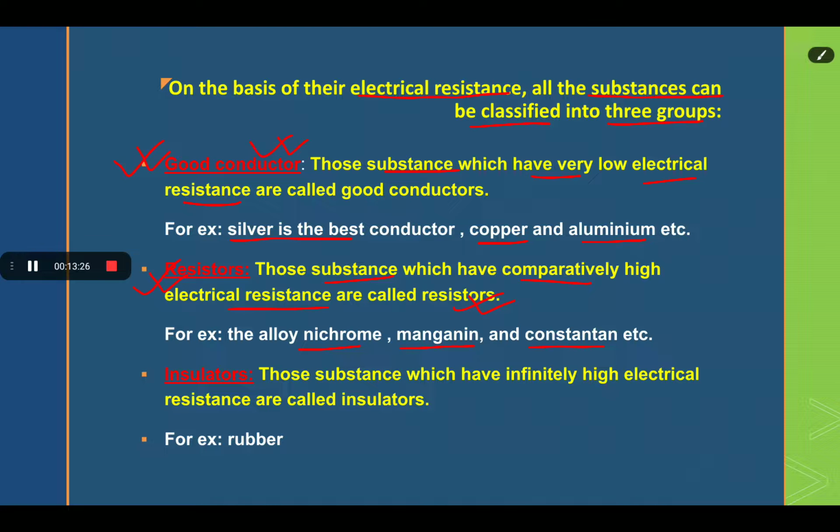These are 3 alloys which have comparatively high resistance compared to good conductors, and are called resistors. We will explain it after a while in our next video. Now the third is insulator. Those substances which have infinitely high resistance are called insulators. You already know this. For example, rubber and plastic are examples of insulators.